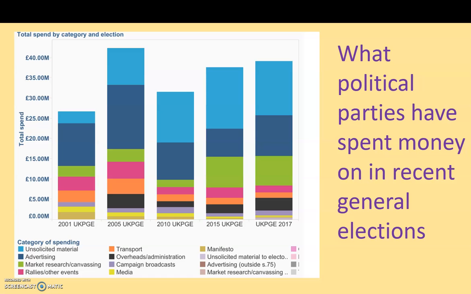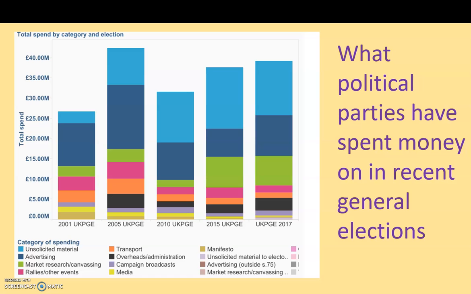Advertising, that could be things like billboards and that type of stuff. Market research, rallies, you can see them all on here. And you can see basically that in 2005, quite a lot of money was spent, and it has been going up. So it's roughly between 35 and 40 million pounds a year spent by the main parties on those general elections.